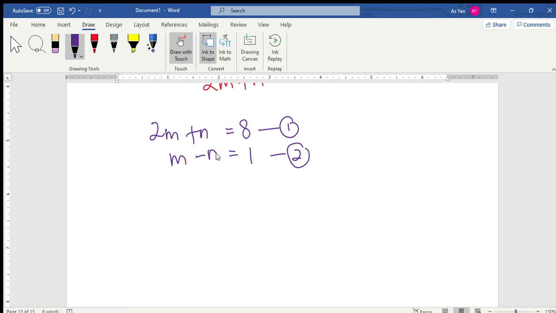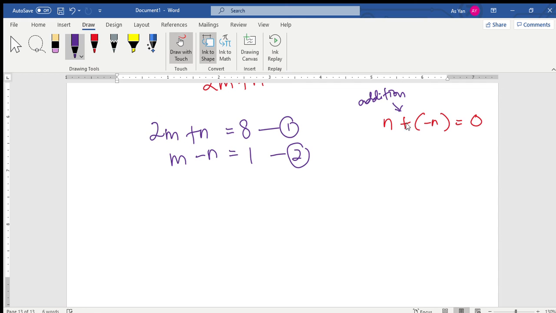How to eliminate? n from the first equation plus negative n from the second equation equals 0. When we do the addition operation, all of equation number 1 and equation number 2 have to be added together.